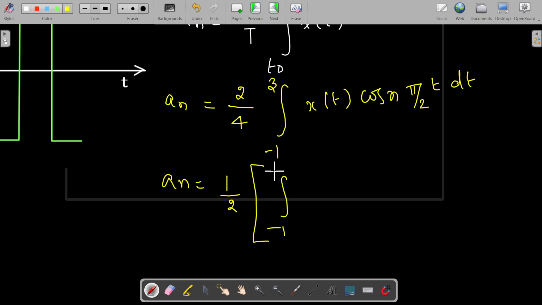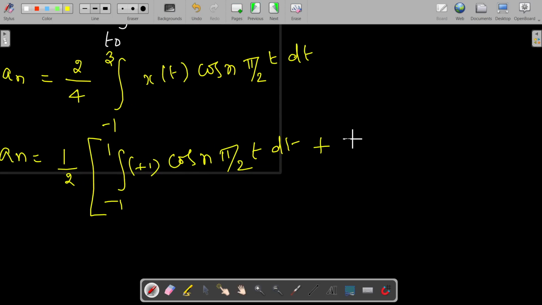So it is -1 to 1, where the x of t value can be written as plus 1. So it is plus 1 into cos of n pi by 2 t into dt, plus the second integral with the limits 1 to 3, where this x of t takes the value minus 1. So it is minus 1 into cos n pi by 2 t into dt.